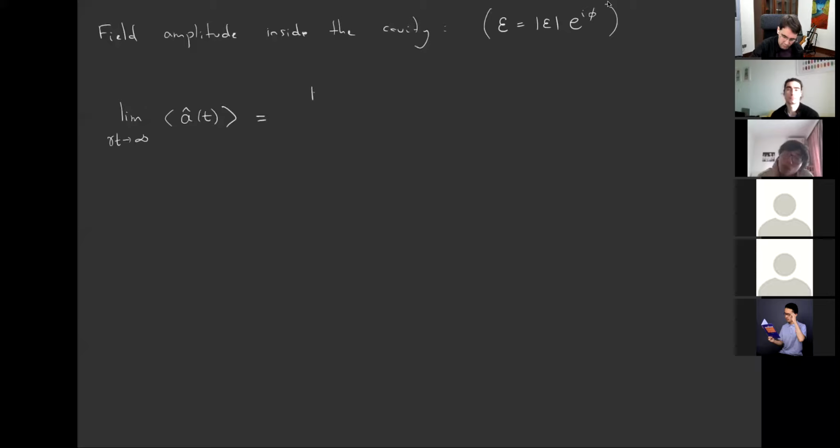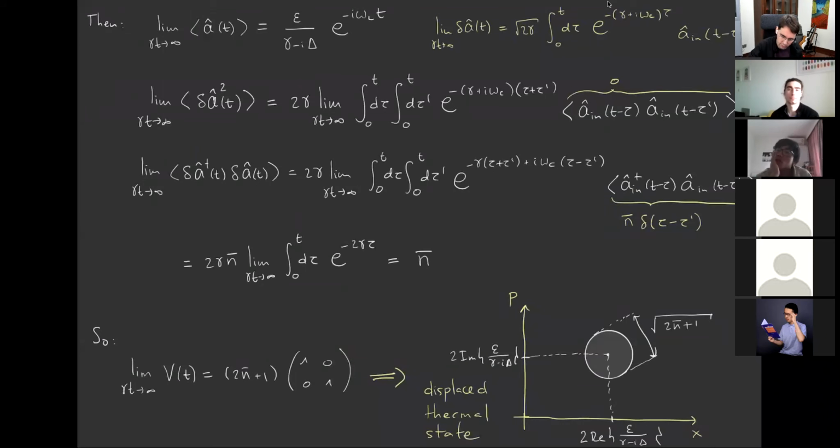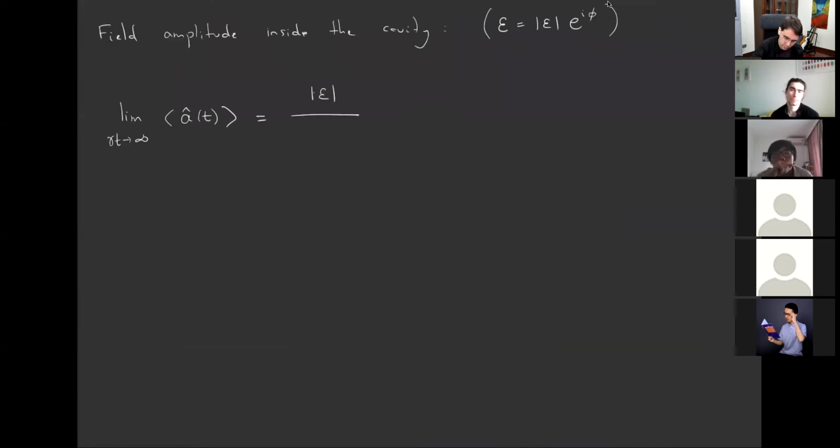So we have the amplitude of epsilon, and then maybe I remind you quickly that this is the expression. So I am going to write the magnitude and the phase explicitly. So you see that the magnitude of the denominator is the square root of gamma squared plus delta squared. So I just write it down here.